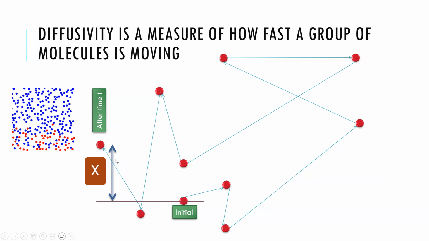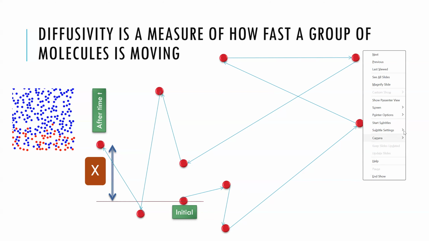So suppose we follow the movements of just one molecule. It starts from here and moves at very high speed, but it hits another molecule and gets bounced.